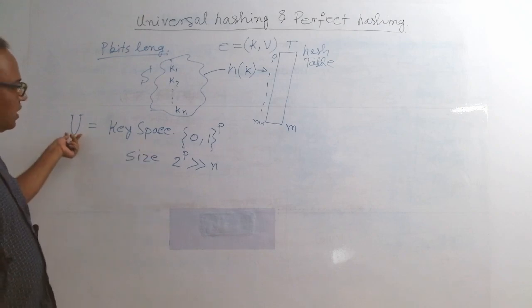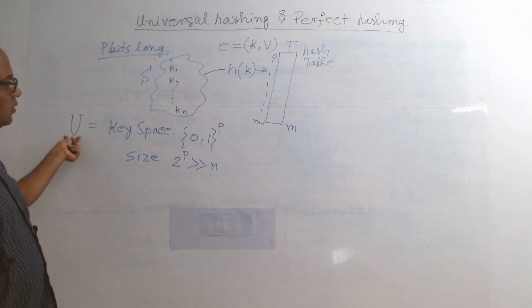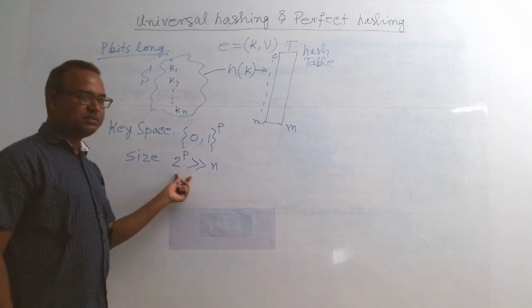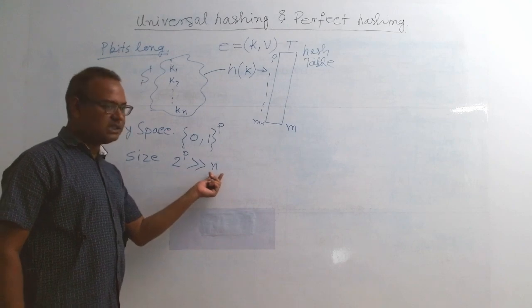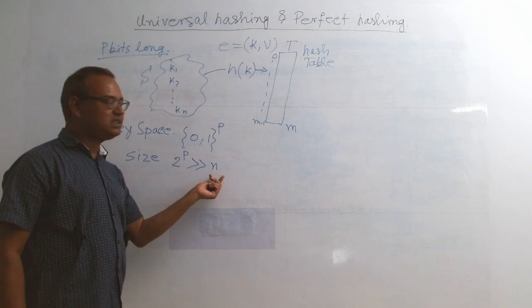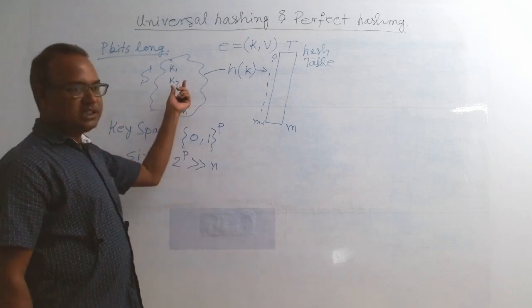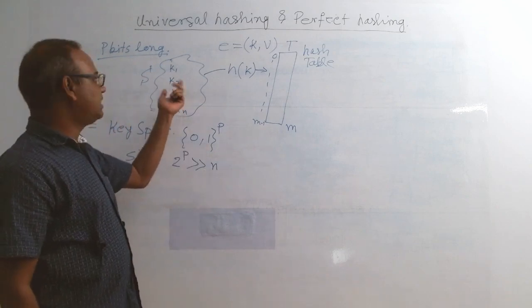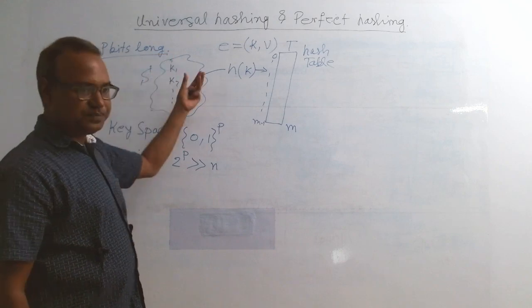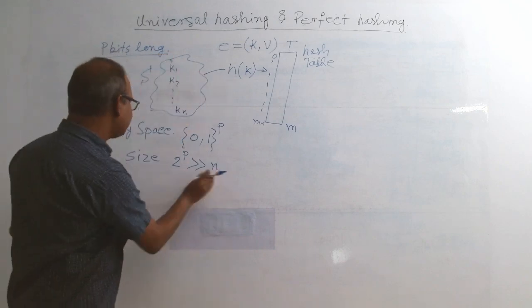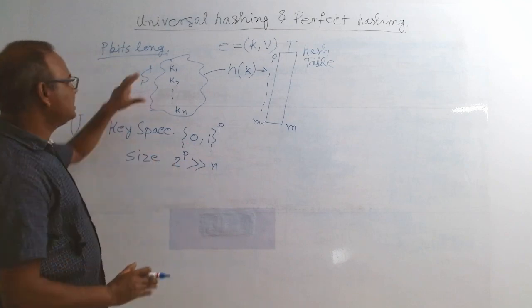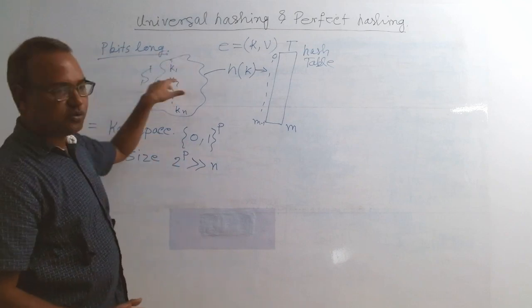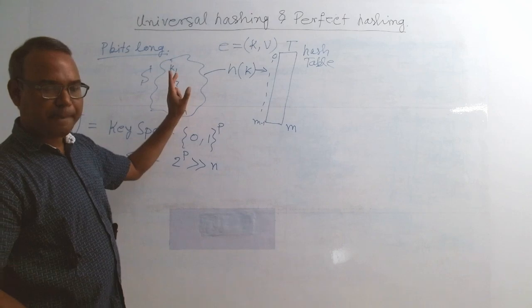From this universe we have to pick n keys, and this is not in our hand. It depends on the problem and the data, what the keys will be. So a small subset from the universe is taken into the domain of the hash.